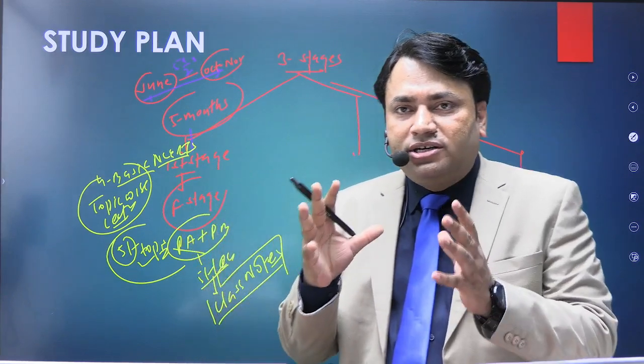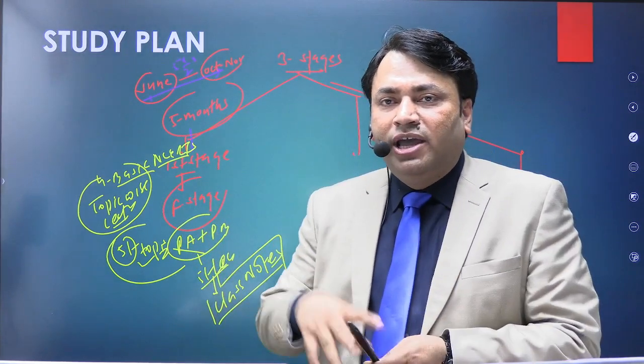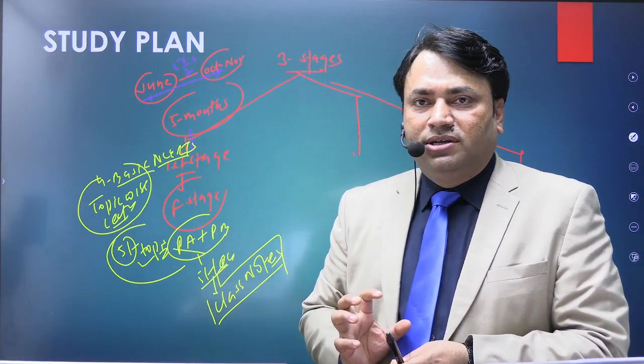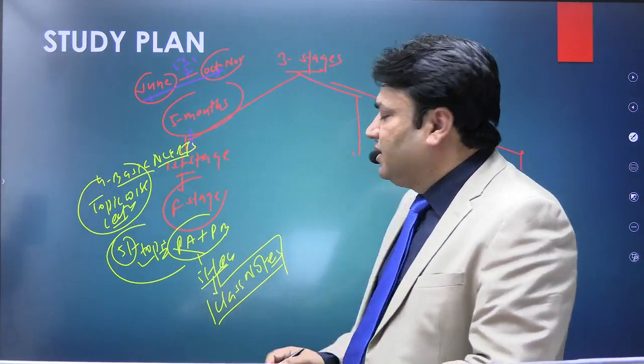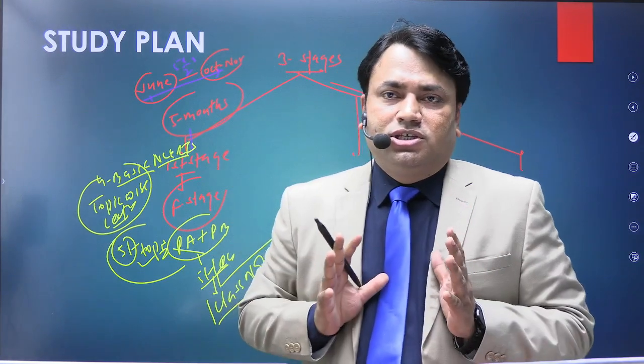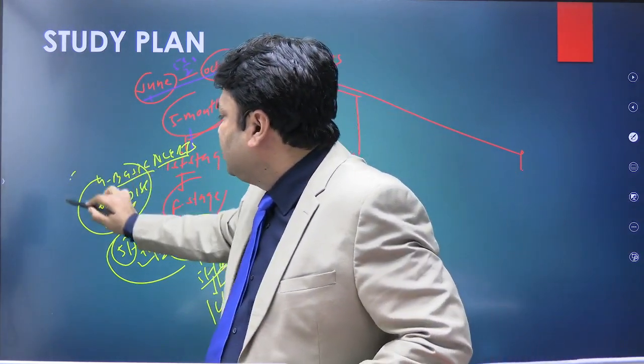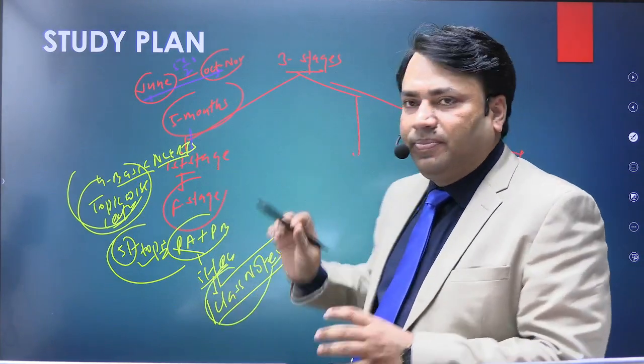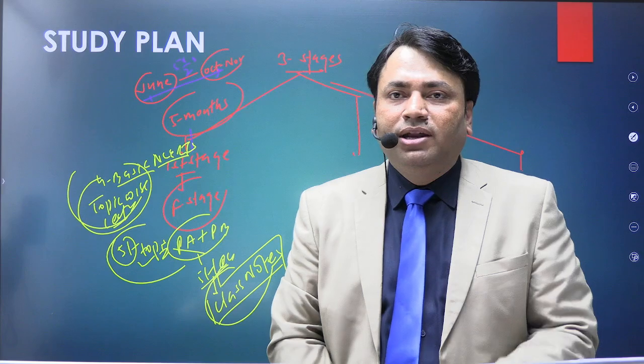So what does a good teacher do? A good teacher helps you in narrowing down the resources. So in the foundational stage, I will narrow down the resources for you. You will read 4 basic NCERTs plus class notes. It means the resources have been narrowed down.